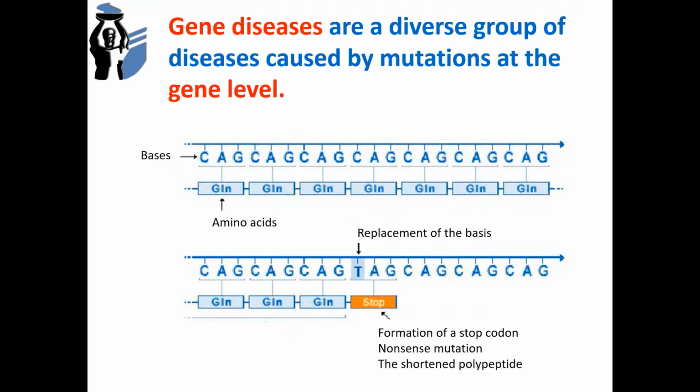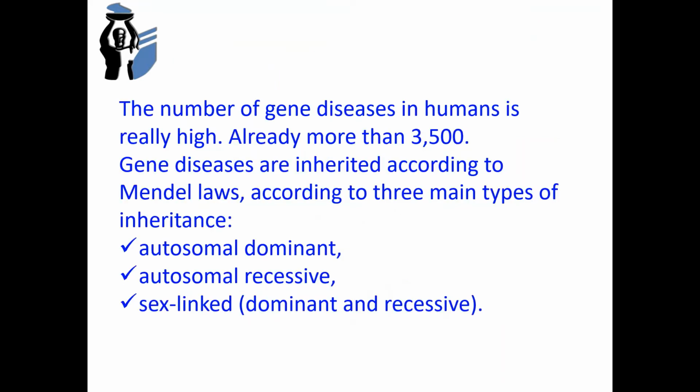As you know and remember, there are different mutation types: missense, nonsense, samesense, for example. Replacement of the nitrogen bases led to formation of a stop codon. A nonsense mutation occurs and the shortened polypeptide chain forms. The number of gene diseases in humans is really high.